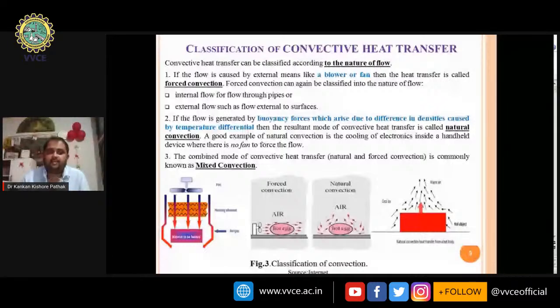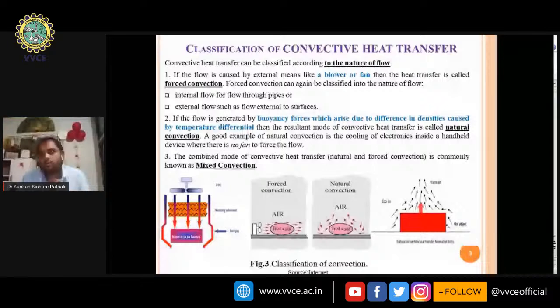If the flow is generated by the buoyancy forces, which arise due to the difference in temperature, the resultant mode of convective heat transfer is called natural convection. A good example of natural convection is the cooling of electronics inside a handheld device.